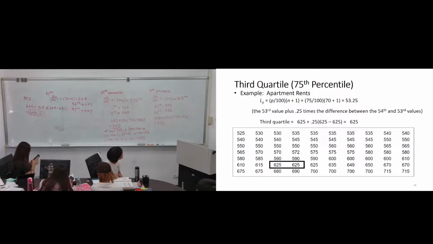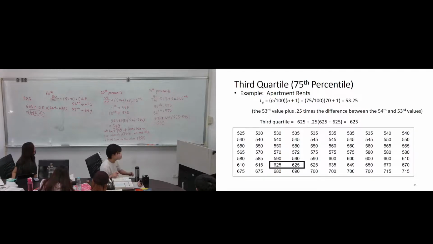But for the 50th percentile, we say that at least 50% of the items take on a value greater than or equal to $575. But still another at least 50% of the items take on a value lower than or equal to $575.